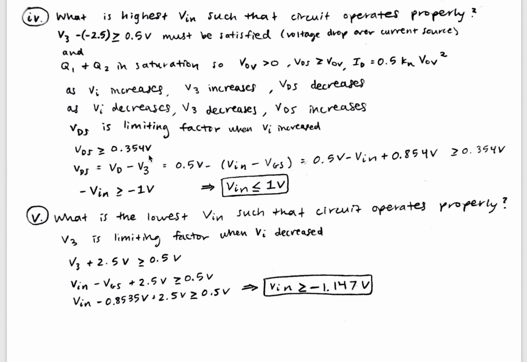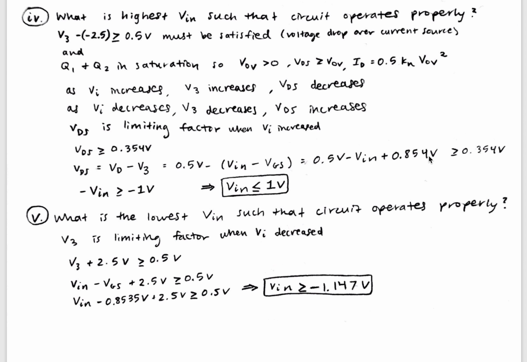And so how we calculated VDS in, again, those three parts before was looking at VD minus V3. VD stays the same for all problems, so that's 0.5 volts. And we subtract V3, which is equal to Vn minus VGS. And again, VGS stays the same here, which is 0.854 volts.